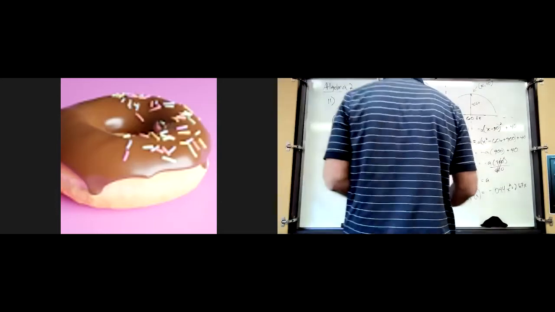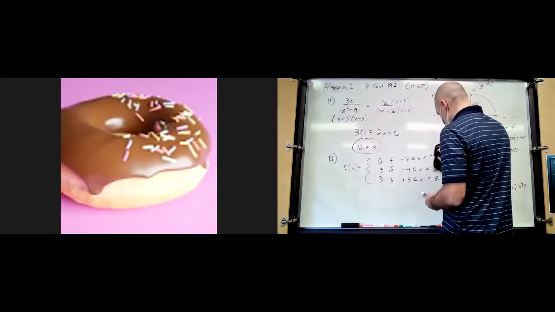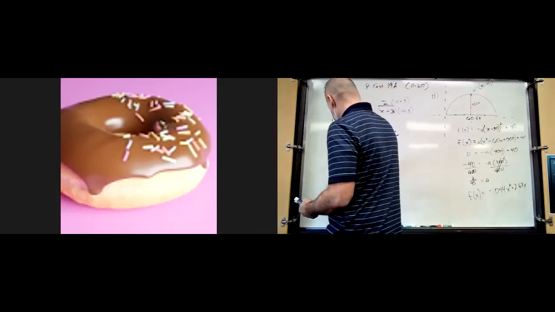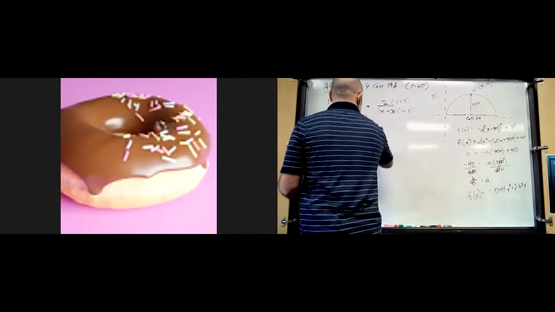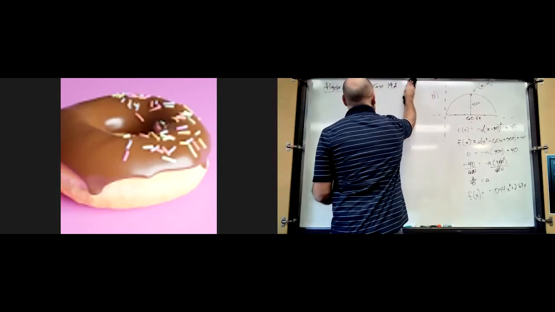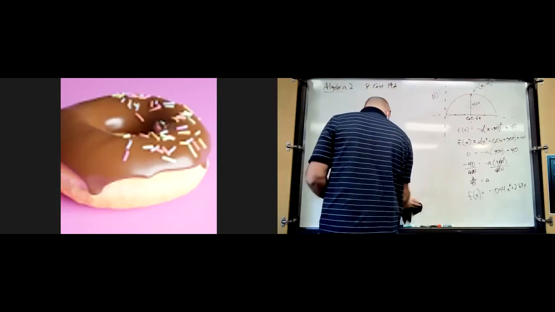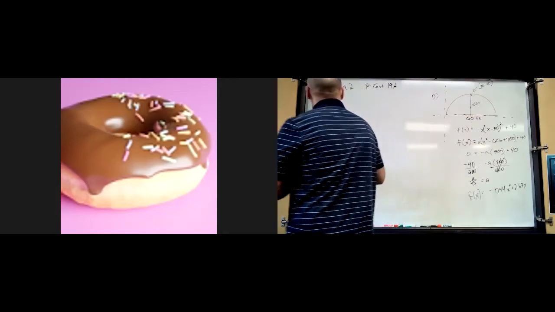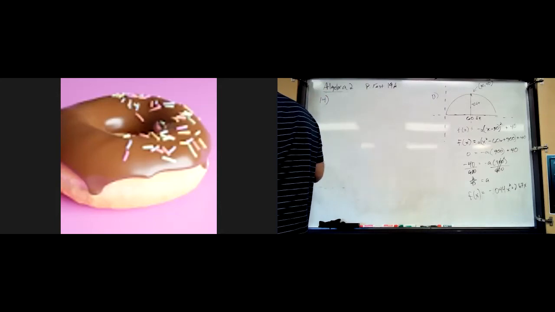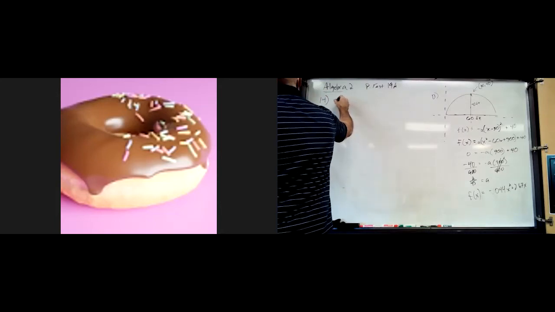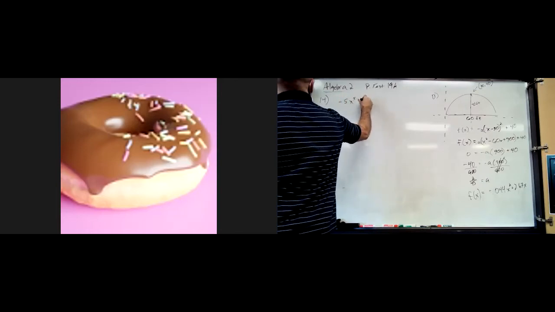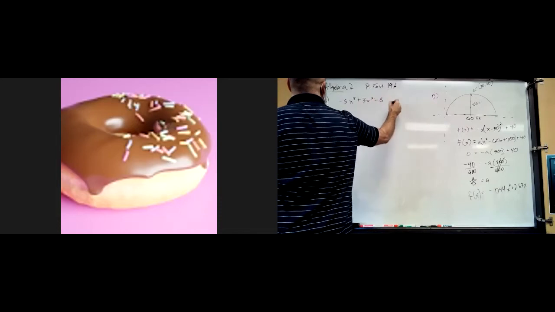Moving on to 14. Number 14, classify by degree and number of terms. So negative 5x to the 5th plus 3x squared minus 8.